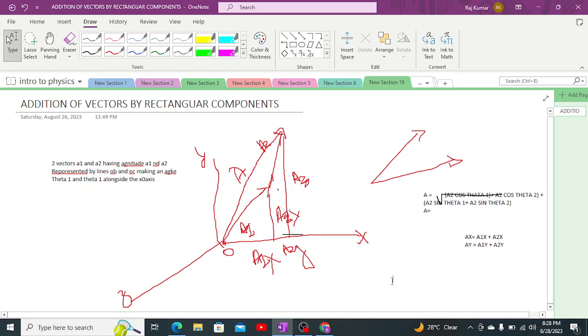The direction can be found in such a manner that theta is equal to tan inverse Ay upon Ax. The value of Ay is equal to A1y plus A2y, and the value of Ax is equal to A1x plus A2x.